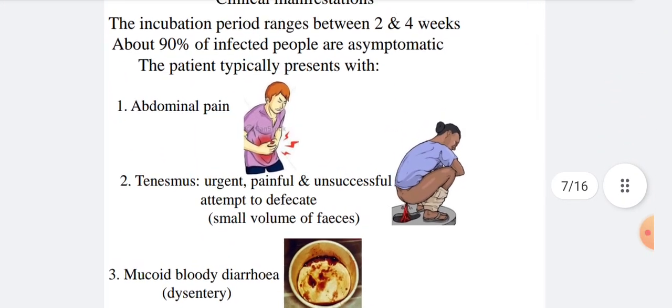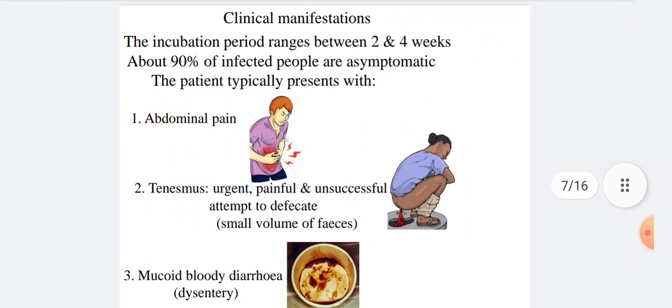Clinical manifestations. The incubation period ranges between 2 to 4 weeks. About 90% of infected people are asymptomatic. The patient typically presents with abdominal pain, tenesmus, that is an urgent, painful, and unsuccessful attempt to defecate.